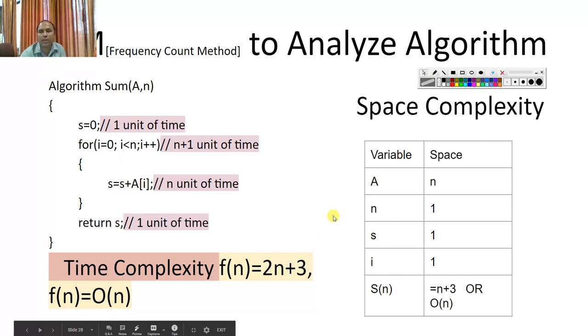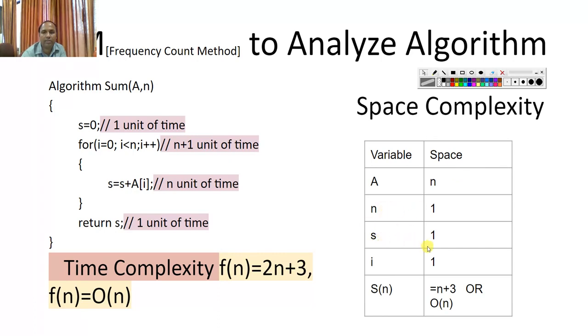Let us also try to find out the space complexity for the same algorithm. So there is an array A and 3 variables, n, s and i. Now as A is an array and it may contain n number of elements, the space taken by this is n in general, and the remaining 3 variables will take unit amount of space.